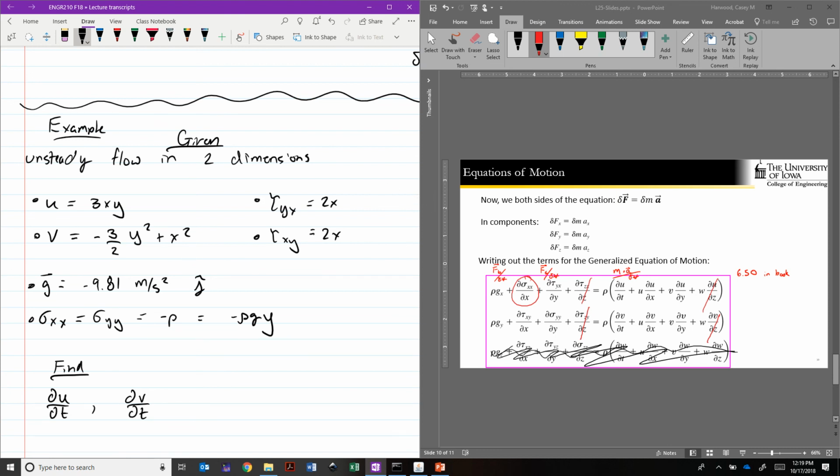In other words, we're given information about every term in here. Sigma xx, tau, sigma yy, tau, g. Okay. We're given u and v as functions of x and y, so we can calculate these terms explicitly, which means that all of those terms are going to be known. It just is a matter of taking derivatives and plugging them in and solving for our unknowns, which are du dt, dv dt. Okay? That process is what's going to get you through the homework problem for tonight.